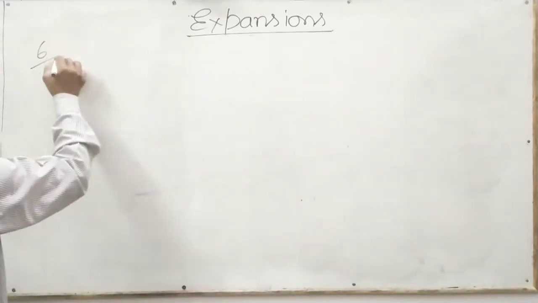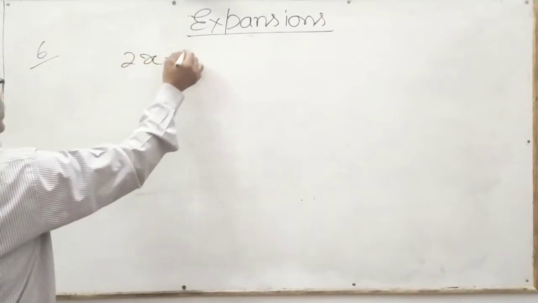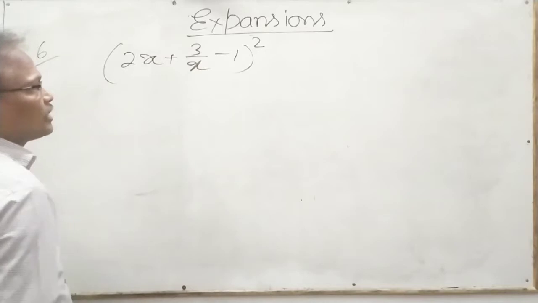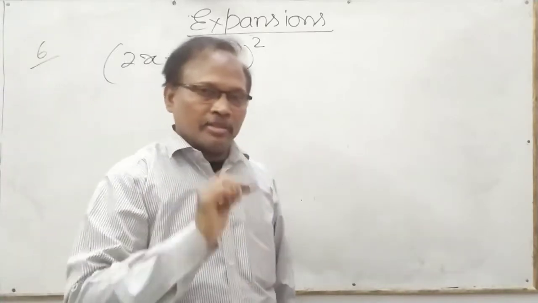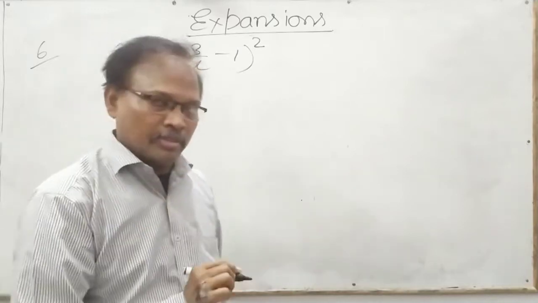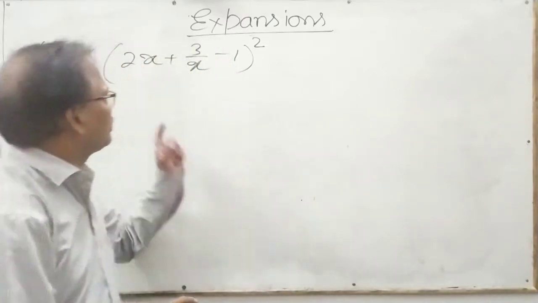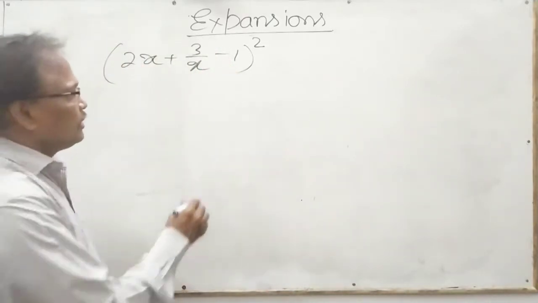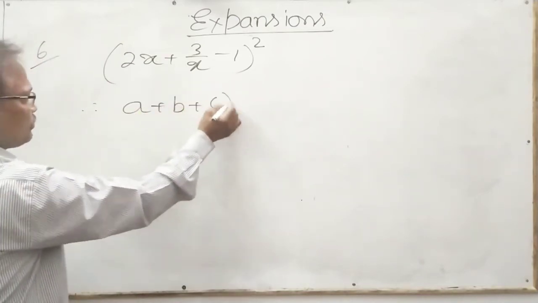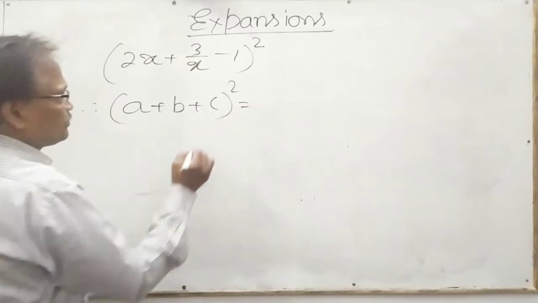So question number 6: (2x plus 3 by x minus 1) whole square. You have to expand this, but before that, which formula will you apply? Because there are 3 terms, 1, 2, 3, it means you have to apply this formula, (a plus b plus c) whole square.